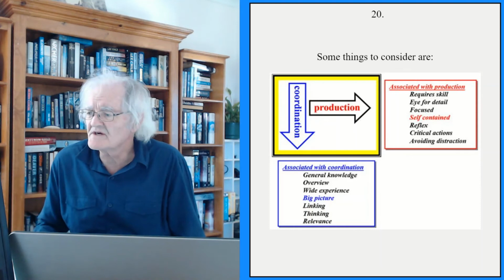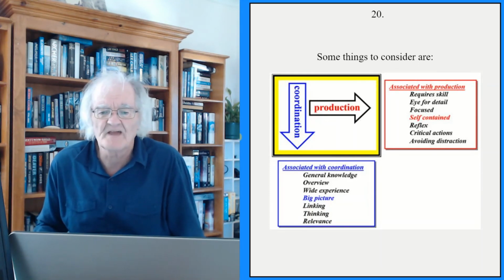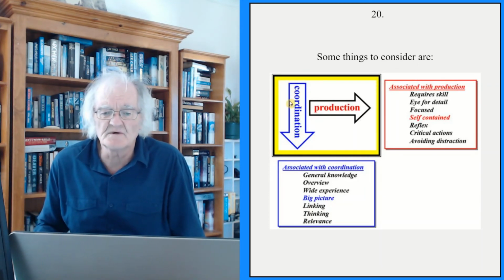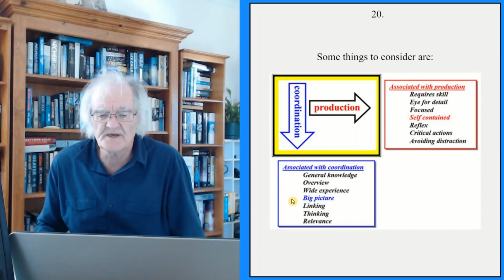Some things to consider are strategic coordination is associated with general knowledge, overview, wide experience, big picture thinking, linking other people, thinking ahead and making sure what's being done is relevant.